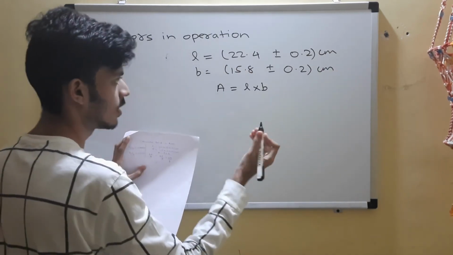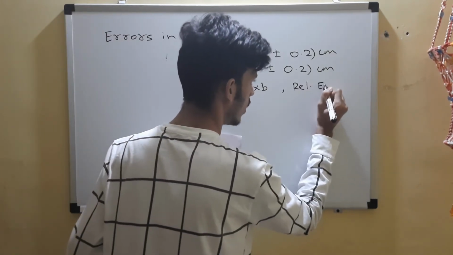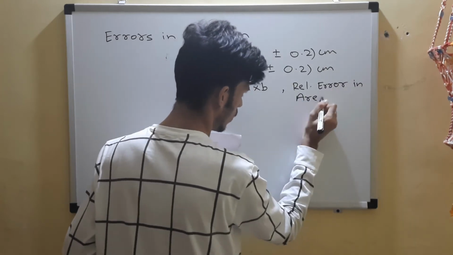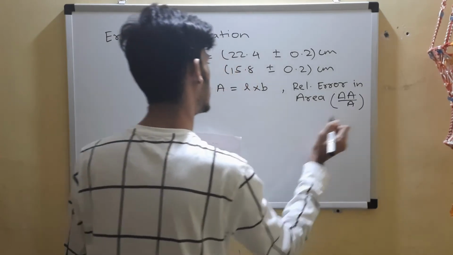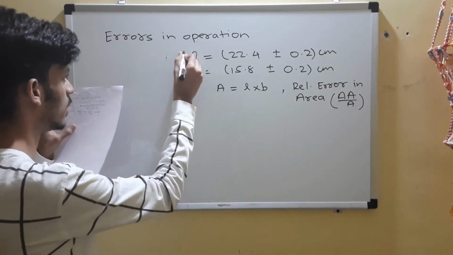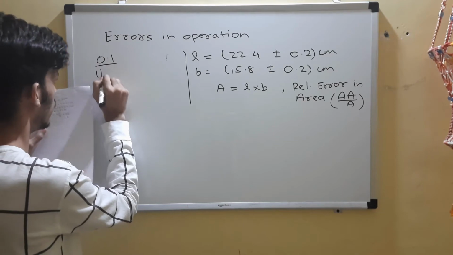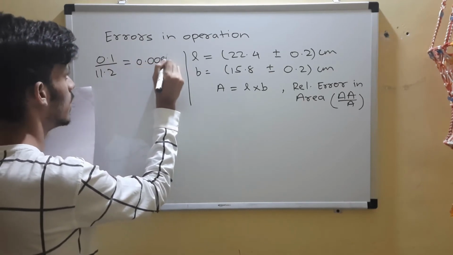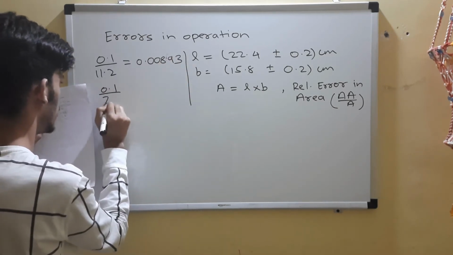So they have asked us for relative error in area, or you can call it delta A upon A. So that is the relative error in A. They have also provided some data which might help you during calculations, which is 0.1 upon 11.2, 0.893, and 0.1 divided by 7.9.